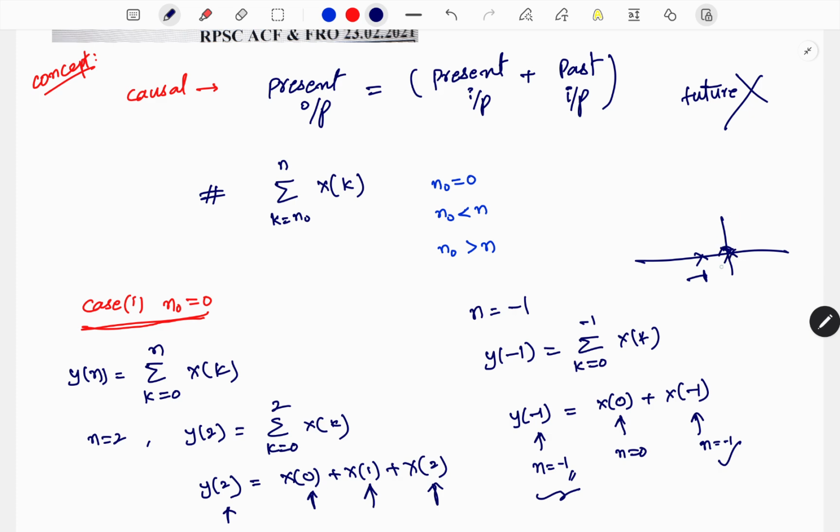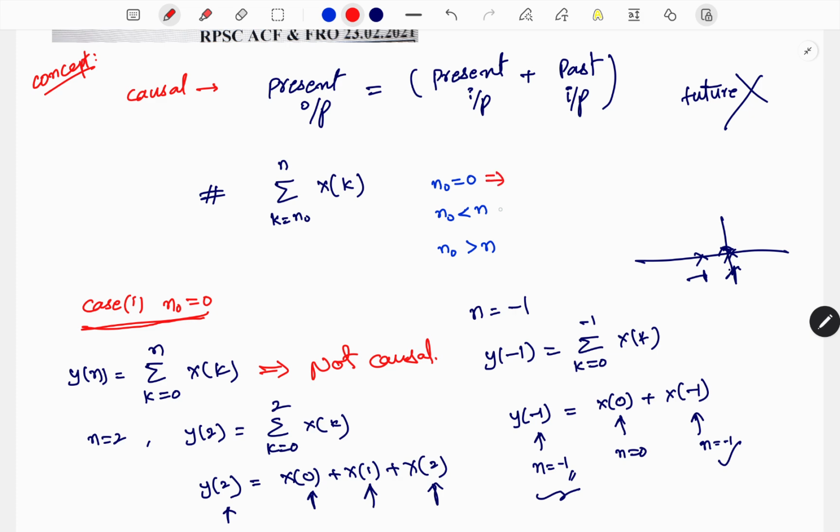So the output depends on future input. So it is not causal. This is not causal for the n0 is equal to 0 case.